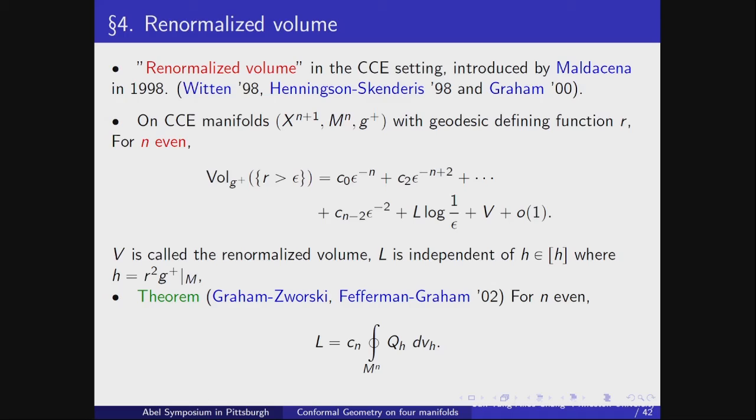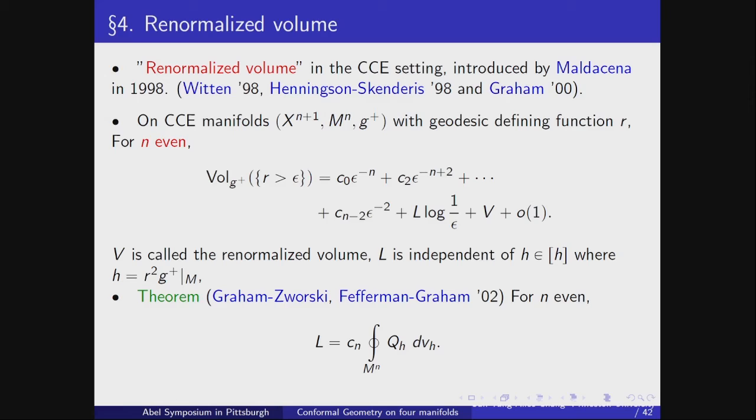The leading order term is epsilon to the minus n. Now one takes the expansion in terms of epsilon, and then there is the log epsilon term, and then the next order term. The subject we are interested in studying is this V, which is called the renormalized volume, a concept introduced by Witten and so on.